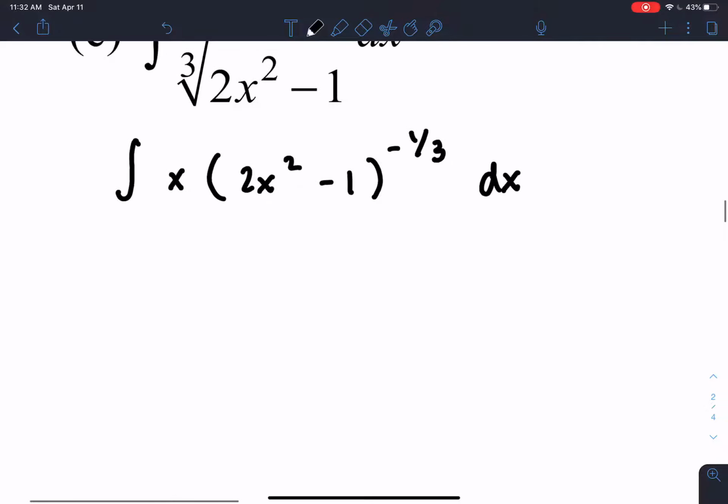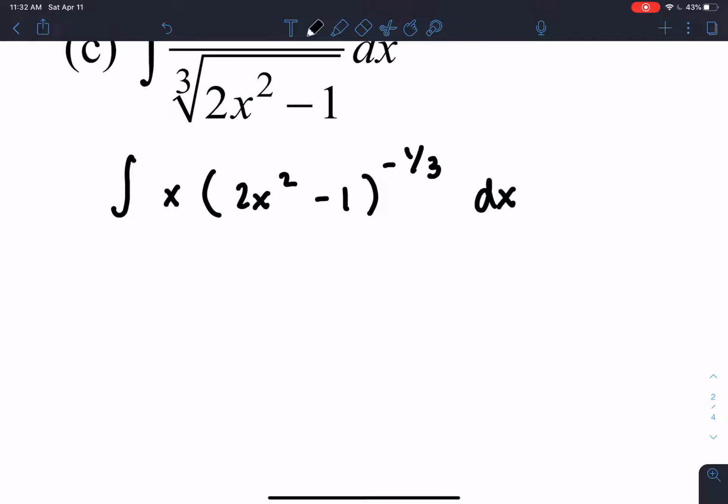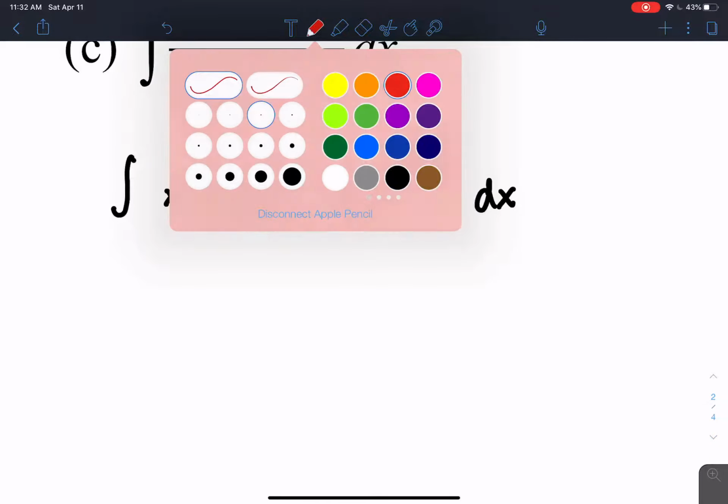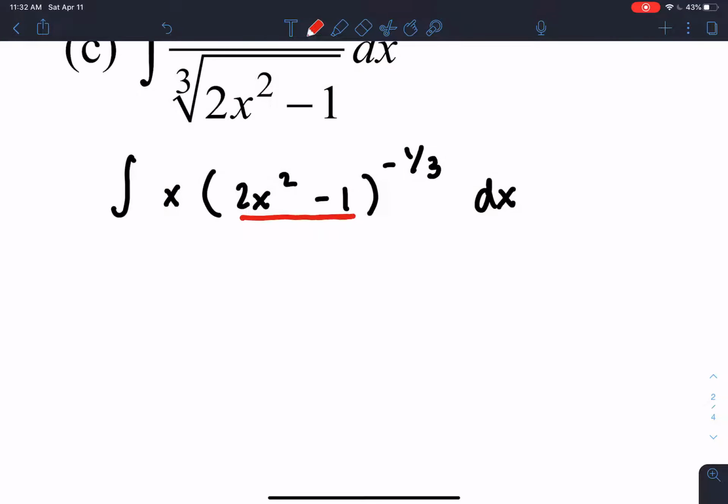All right, so by looking at this, it should be pretty obvious what your U-term would be, right? It's going to be inside the parentheses here, inside the exponent. So I'm going to make U 2x squared minus 1, and then the derivative of that is going to be just 4x dx.